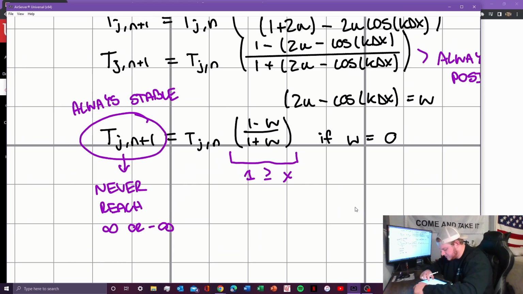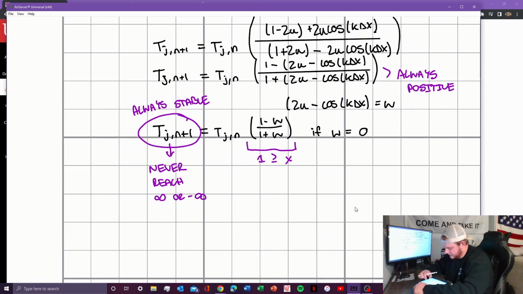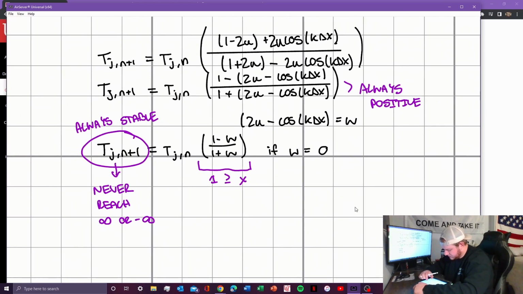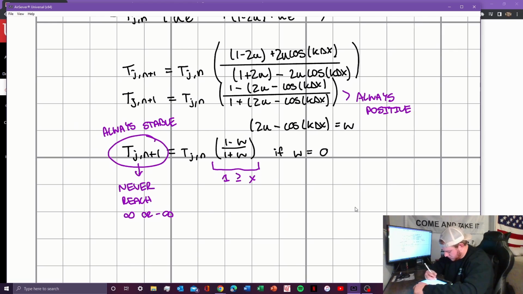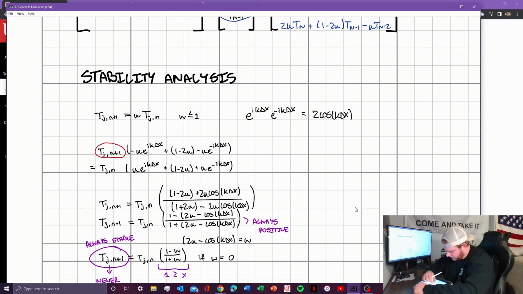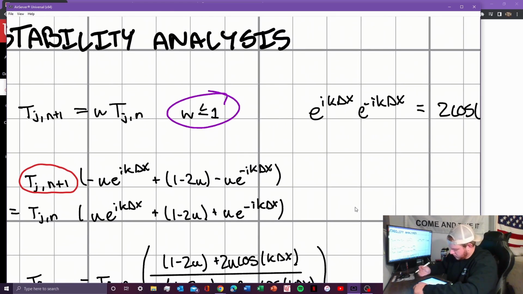It will never be imaginary, never be undefined, it's always stable. So we just proved that omega will always be less than or equal to 1, and that is exactly what we needed to prove when we started this problem.